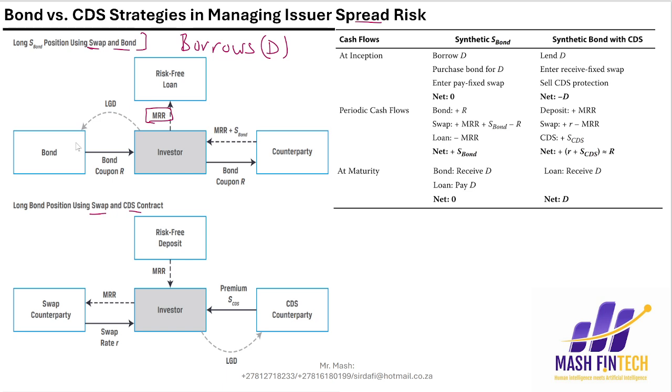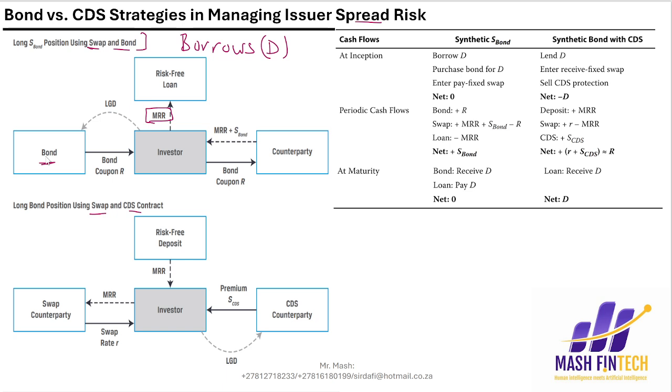And they purchase this bond with the borrowed amount. This bond is then going to pay the investor a fixed coupon rate R.